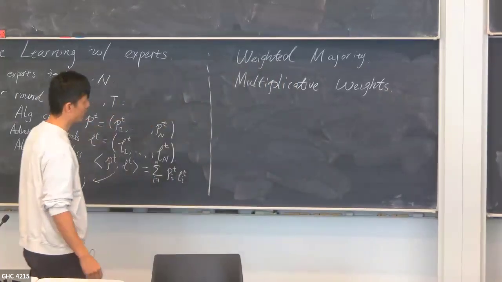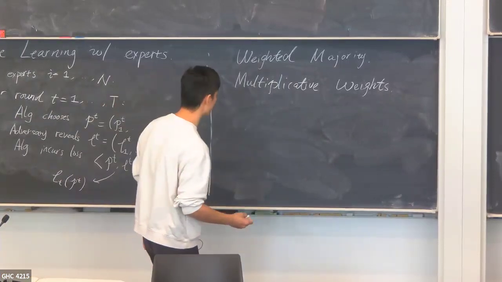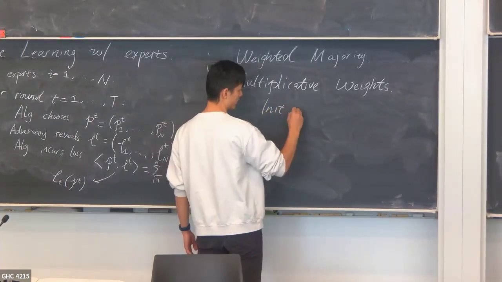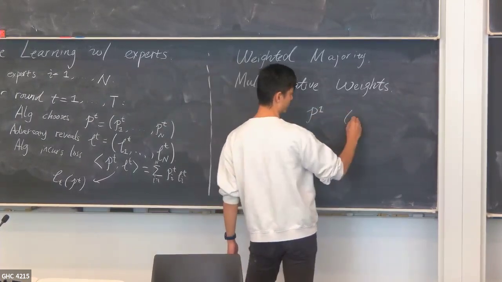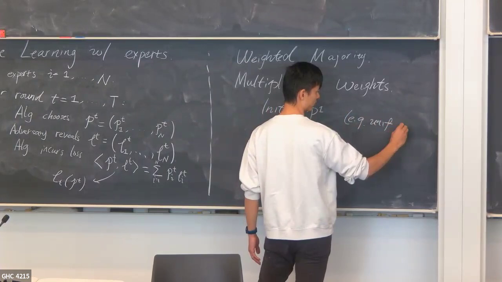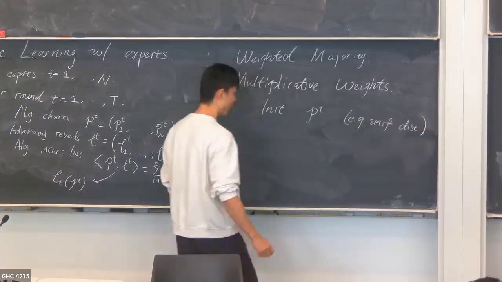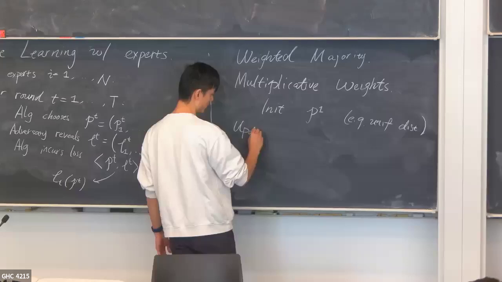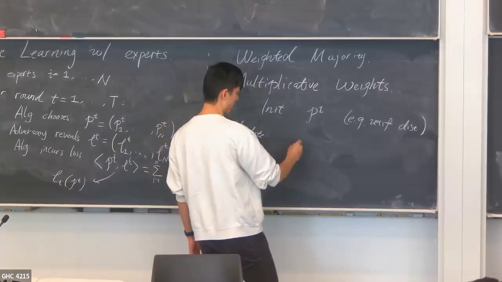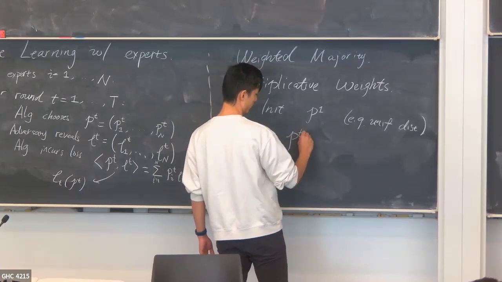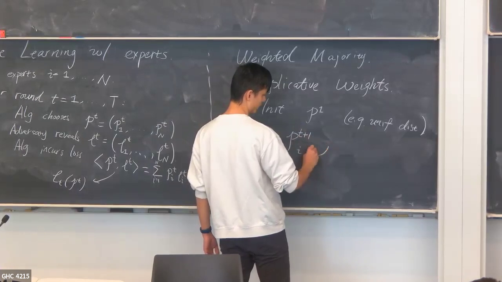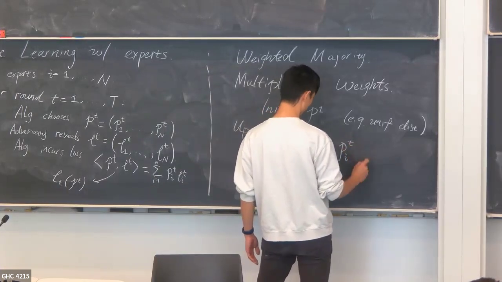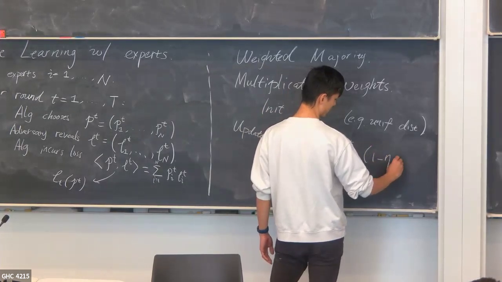Okay, so you might have heard of these sort of algorithms, but one way to do this is you initialize P1 to be something, typically a uniform distribution, and every round after you observed the loss from last round, the probability you put on expert I will just be proportional to 1 minus eta.